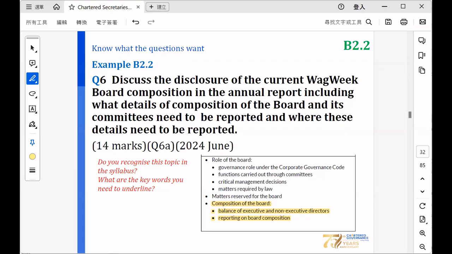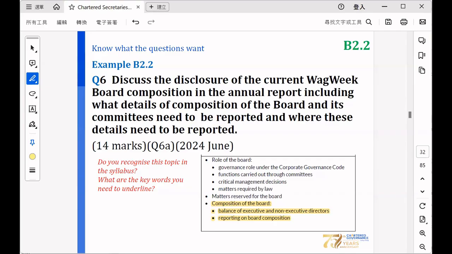Now, the corporate governance report must contain information, and that's a mandatory disclosure requirement. So for the mandatory disclosure requirement, you need to disclose details of the directors who serve on the board in the financial year.